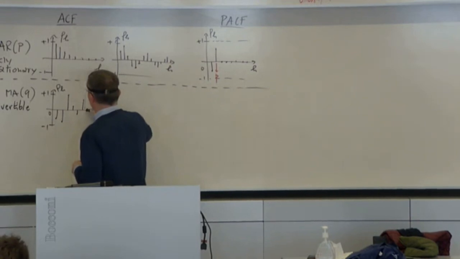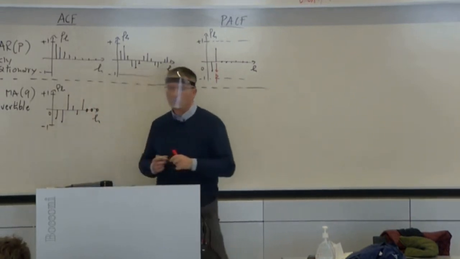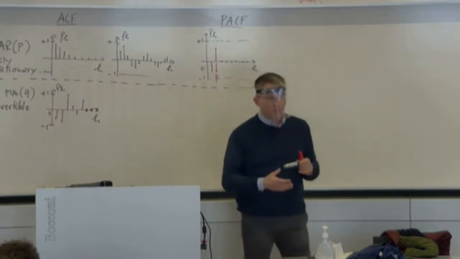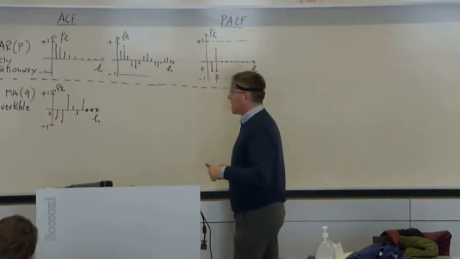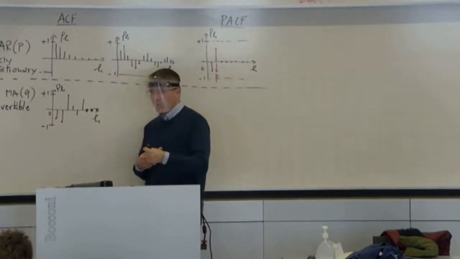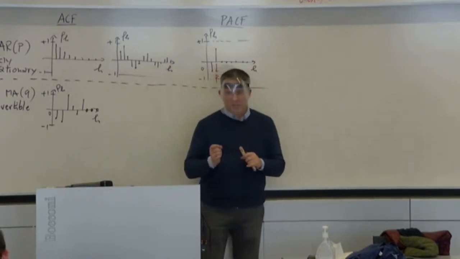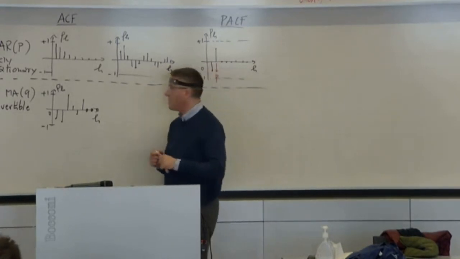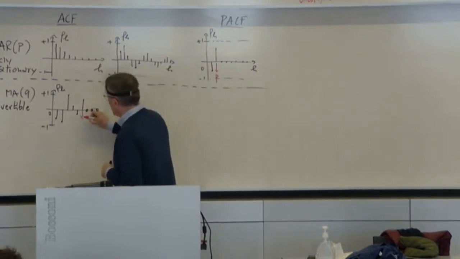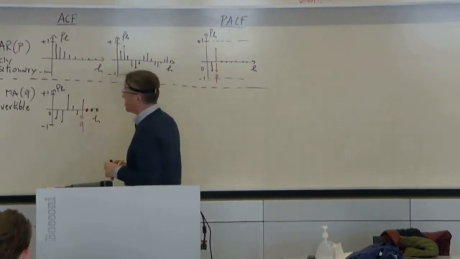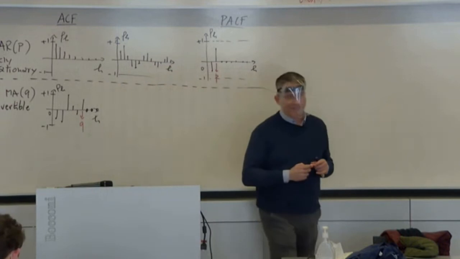But then suddenly it dies. And from now on, it's always equal to 0. Cuts off, that's the word. So the last bin, which is non-zero, significant, say, gives indication for the order Q of the MA process. So this one, in principle, corresponds to Q, the order of the process.